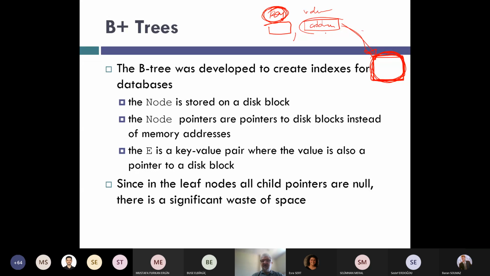This address value points to the exact disk block that stores the whole information about the database entry.